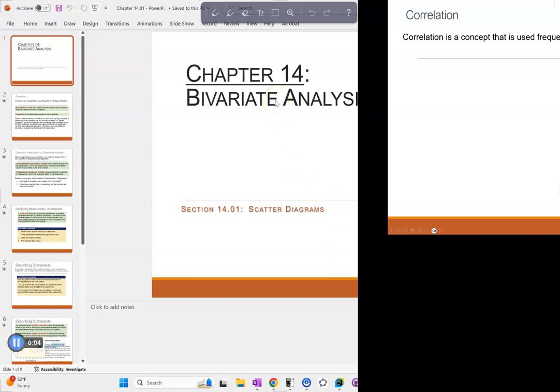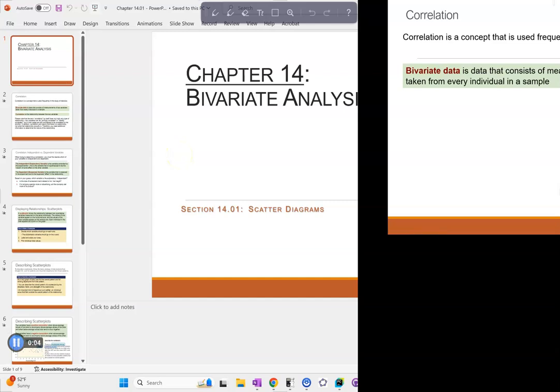So when we talk about correlation, it's really talking about something very specific. We talk about correlation when we have bivariate data. That's data from two separate variables.